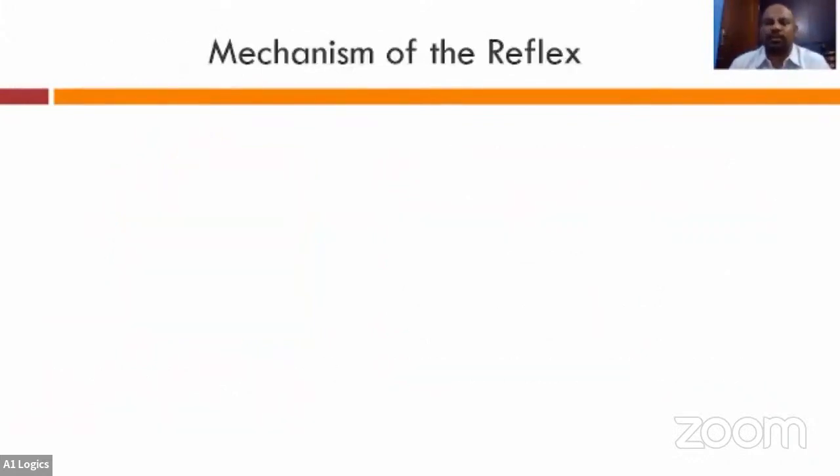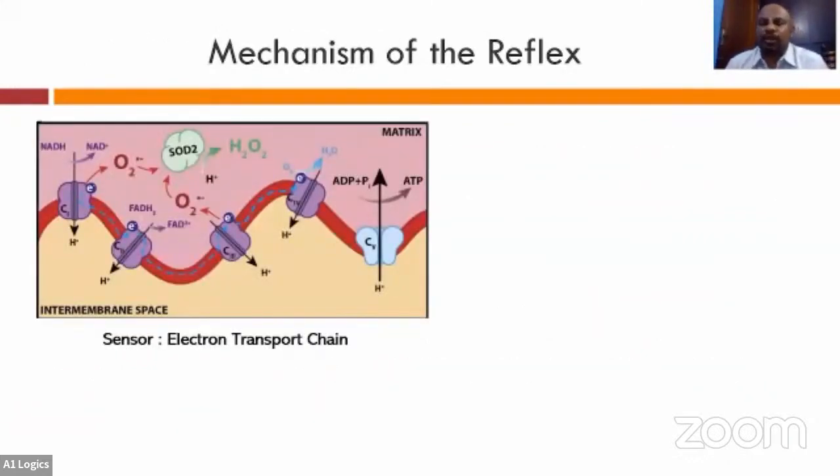So how does this mechanism occur? The sensor for this mechanism lies in the electron transport chain. Suppose you have enough energy substrate and oxygen, the ETC will go unobstructed and a lot of intermediate metabolites will be formed. That is the NAD, FAD, the reactive oxygen species, the hydrogen peroxide. All this will keep the pulmonary capillaries in a vasoconstricted state. Once there is a lack of oxygen, all these intermediate substrates in the electron transport chain will reduce.